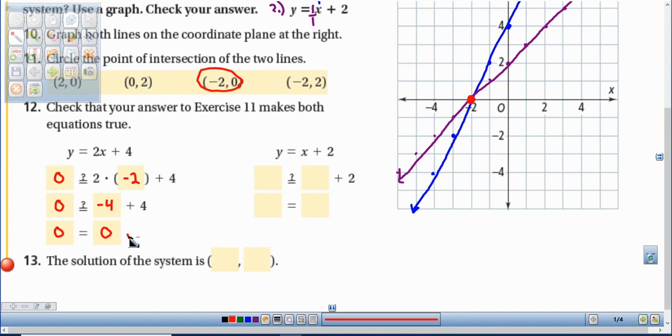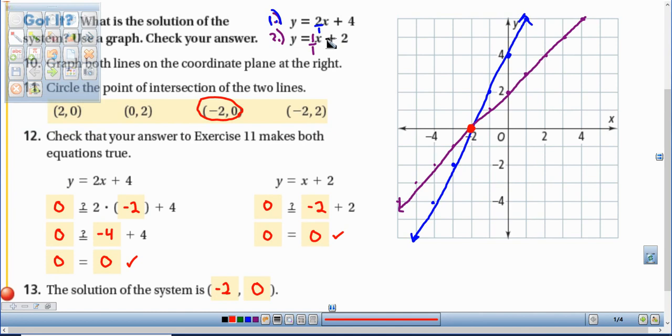So 0 equals 0. Yes, it does. If I plug in those same values, x as -2 and 0 for y, then I get 0 equals -2 plus 2, which is 0. And so that is true. The ordered pair -2, 0 is the solution for both equations, and therefore is the solution to the system.